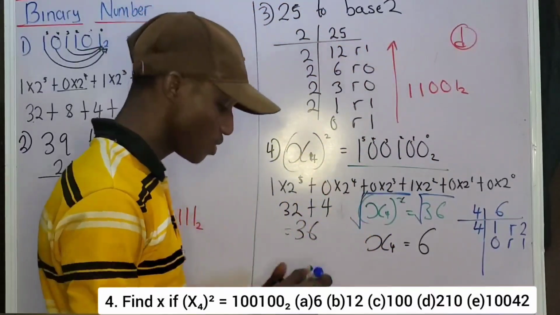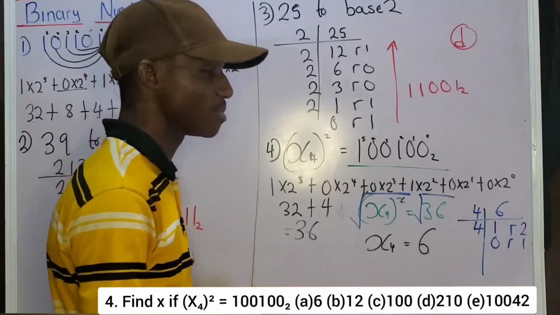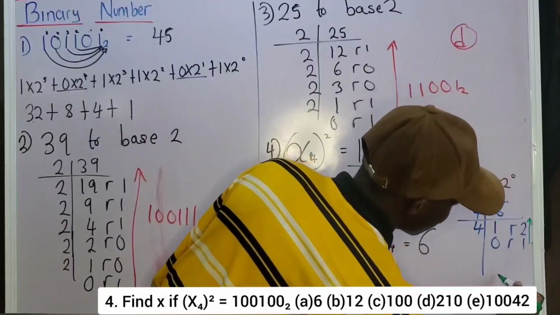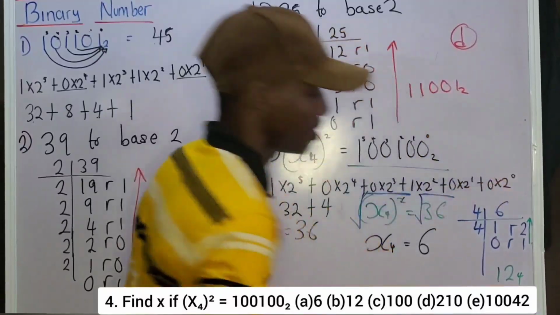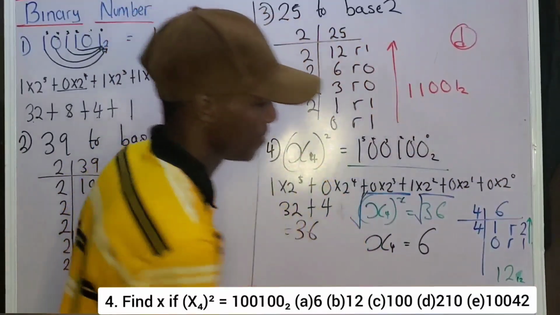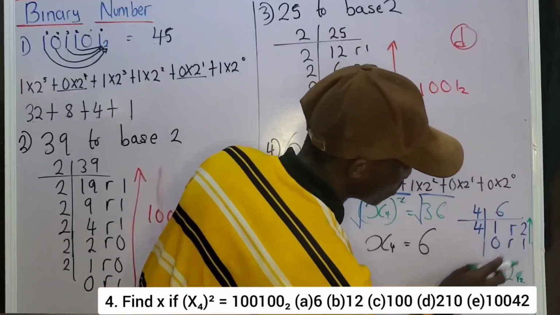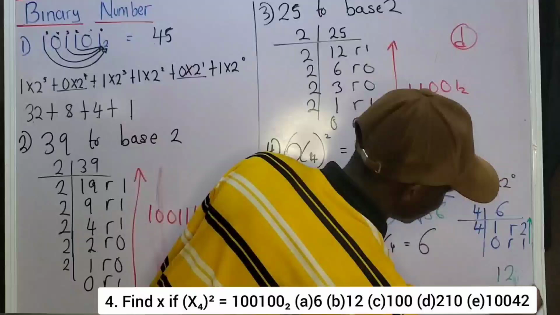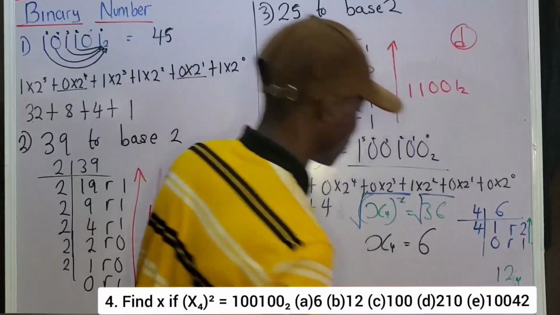And I told you that when you are reading the answer, you count from the base, from the number here. So we are going to have 12 base 4. The answer is 12 base 4, because you put 1 first, followed by 2. 12 base 4, you can see now.